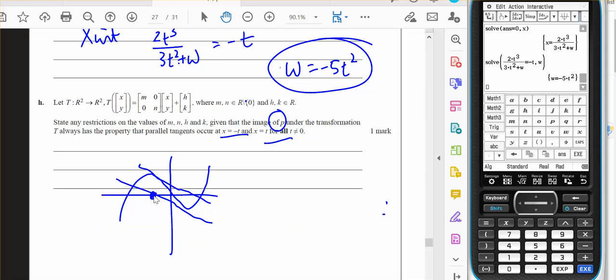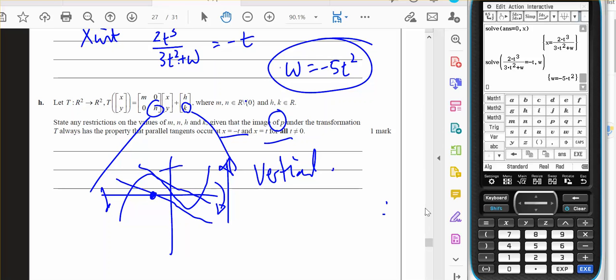And because we have these symmetries occurring, if I have a k value going up or down, the k is a vertical translation, and if I move these up, these patterns will still exist. If I reflect them over the x-axis or the y-axis, the patterns will still exist. If I stretch, the patterns will still exist. So m, n, and k can be anything.